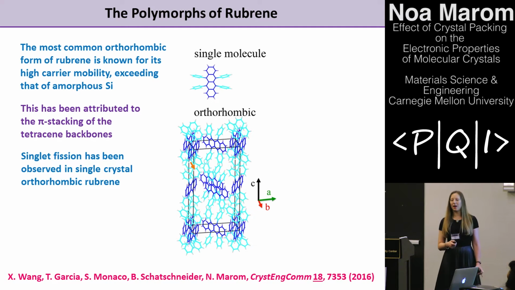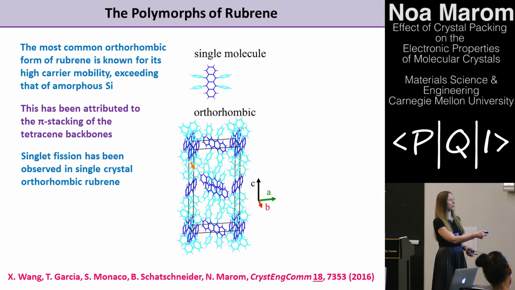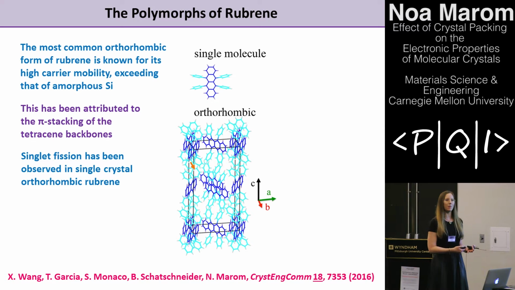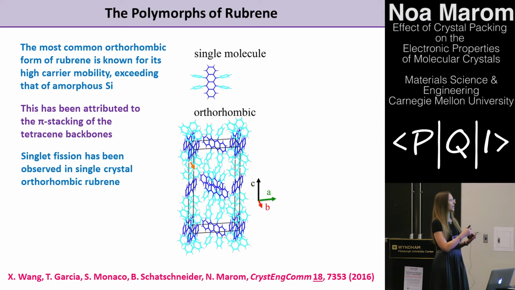And it usually crystallizes in this orthorhombic structure that you can see here. And then the high mobility has been attributed to the stacking of the backbones in this orthorhombic structure. So we know that singlet fission has been observed in this orthorhombic crystal form of rubrene.